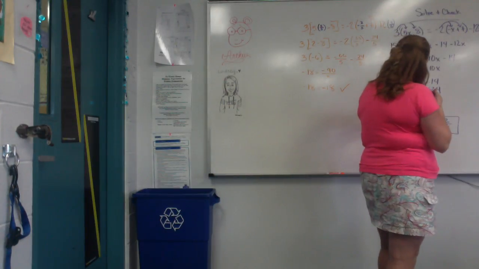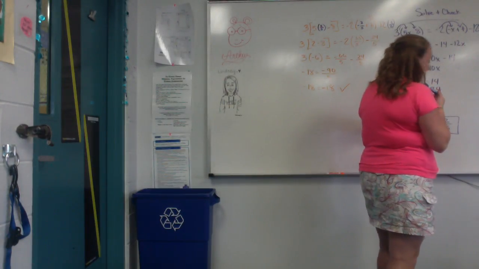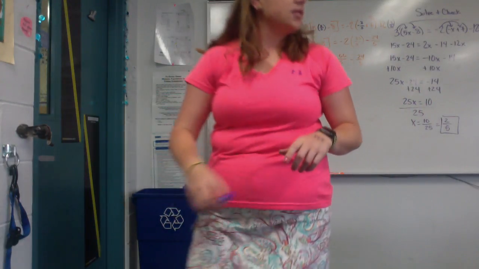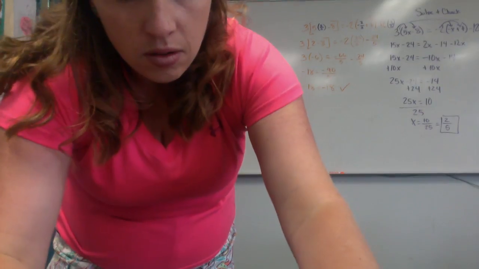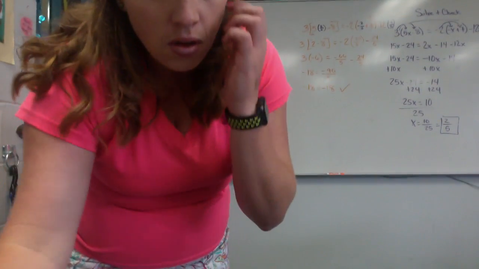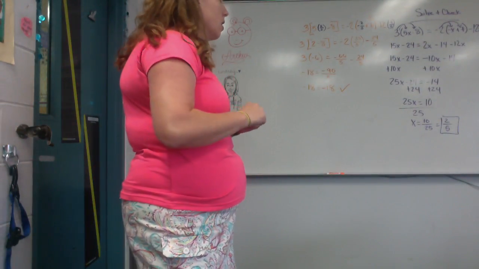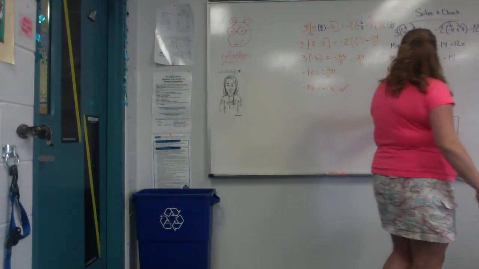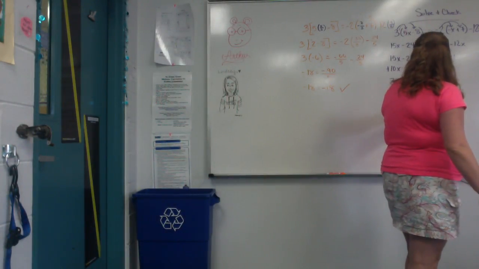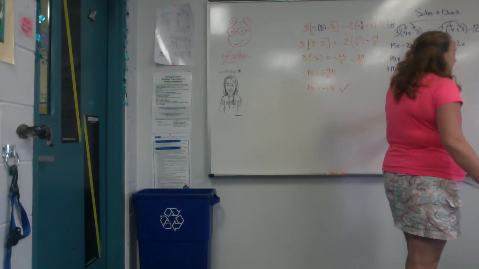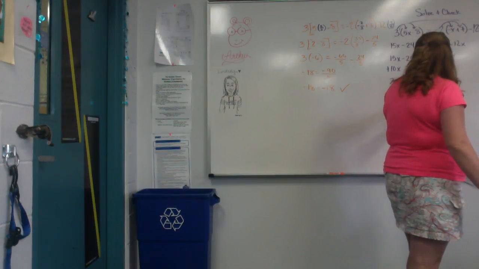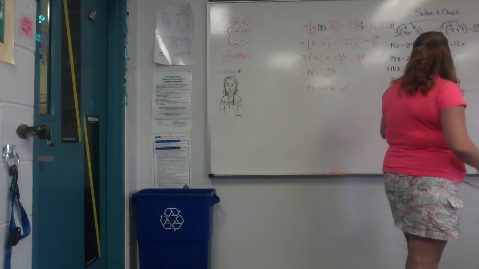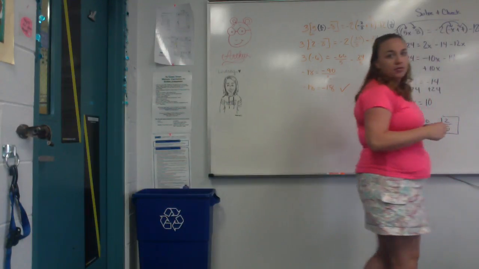Because 10 divided by 25 leaves it like that in fraction form. Does that make sense? If it was a different two numbers, like if this number 25 is on top, I would just reduce it to 5 seconds, or I would put it in decimal form. But because there's a smaller number on top, it's going to come out as a fraction.